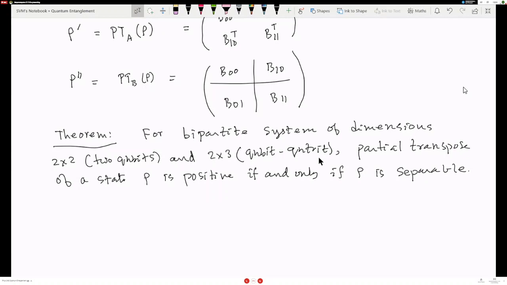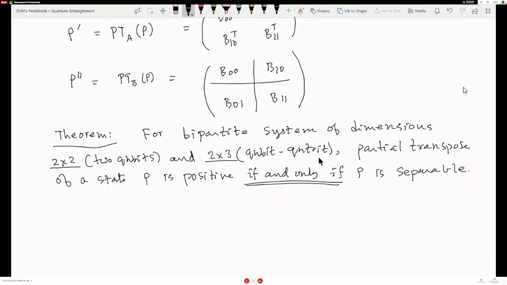That means when you do a partial transpose over one of the subsystems, and if it also turns out to be a positive operator, that means rho is separable. Now, this if and only if is true only for these two systems, 2 cross 2 and 2 cross 3. For other dimensions, this is necessary but not sufficient.